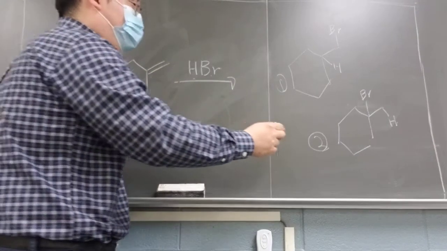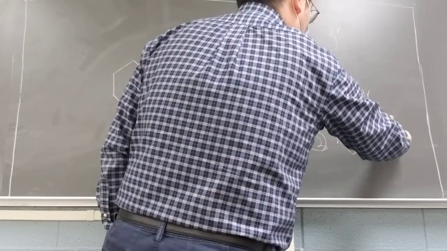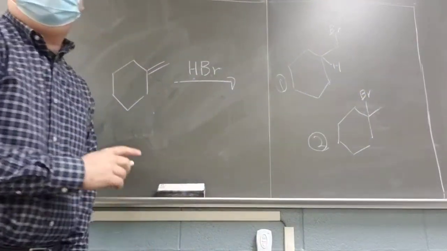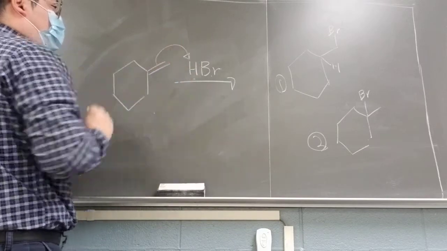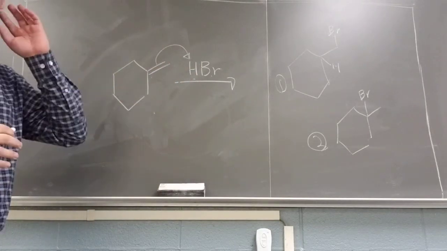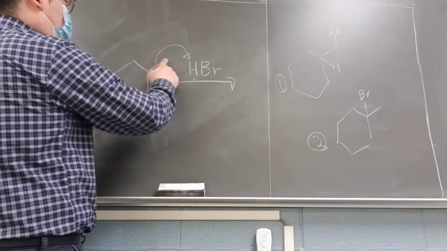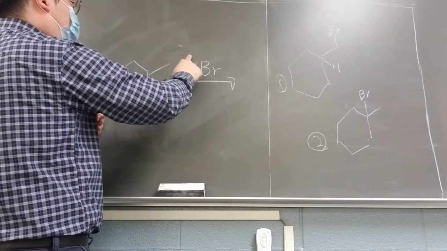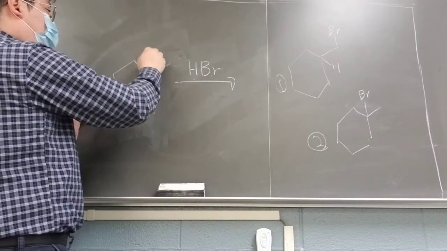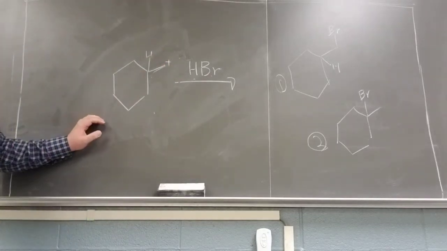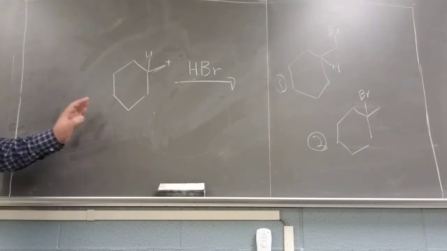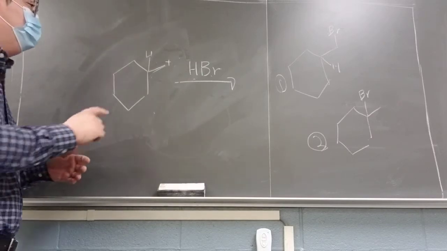Perfect. Great. Because here's the thing. When they try to grab the proton, the hydrogen first, if they put the hydrogen on here, that makes the carbocation position at the terminal carbon, which is not so stable because of the carbocation stability rule.